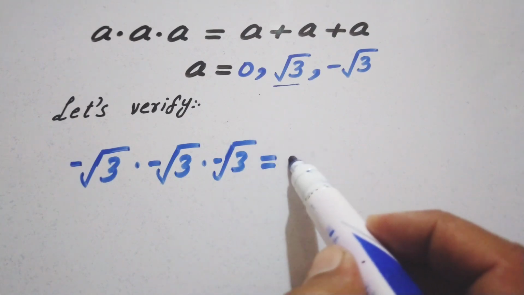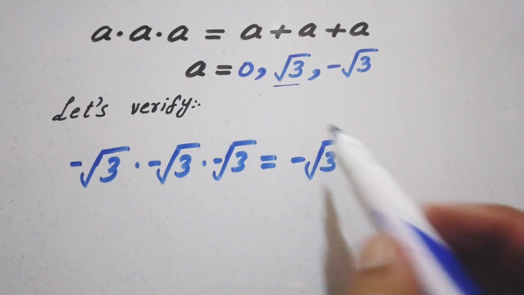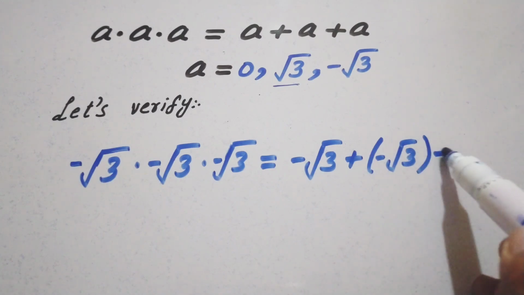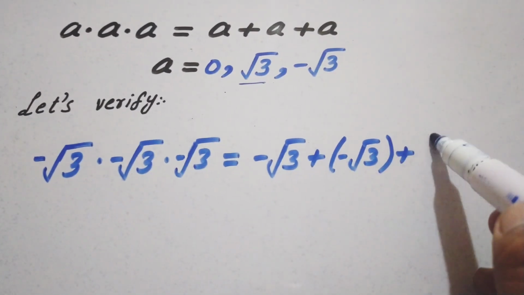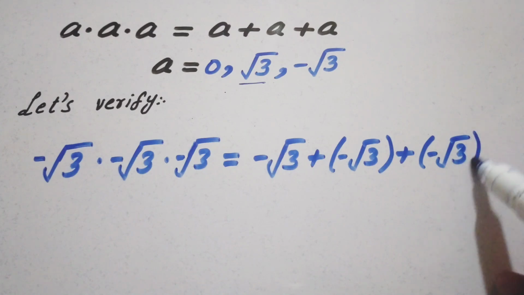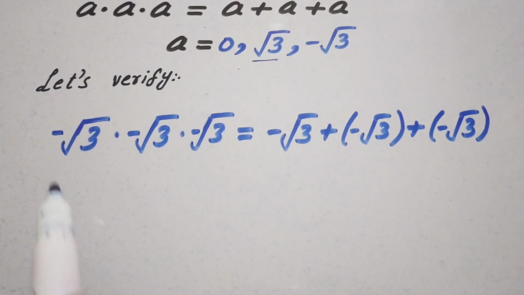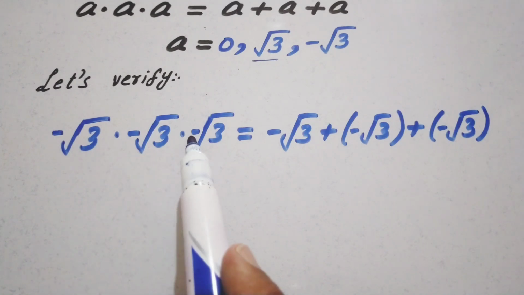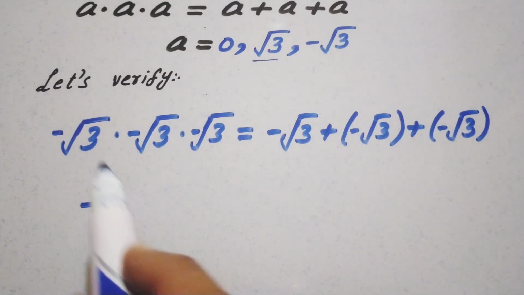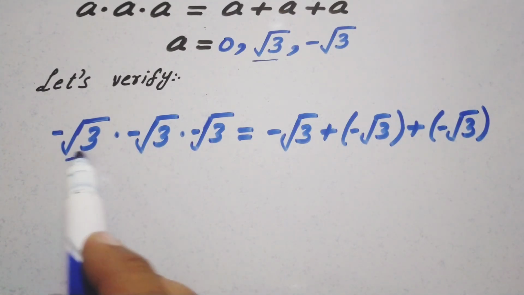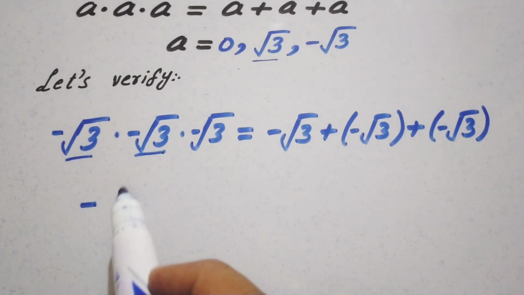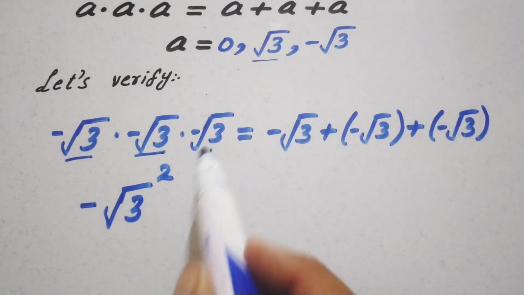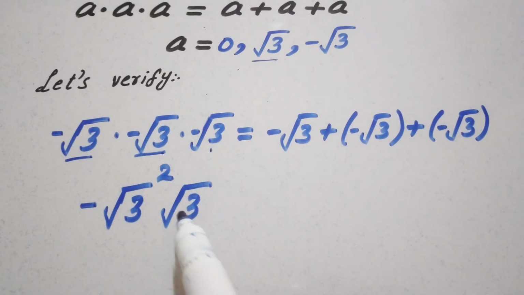This is equal to a, which is negative square root 3 plus negative square root 3 plus negative square root 3. Minus multiplied by minus gives us plus, and plus multiplied by minus leaves us with minus. So this becomes square root 3 into square root 3, which is square root 3 whole squared, with the remaining negative square root 3.